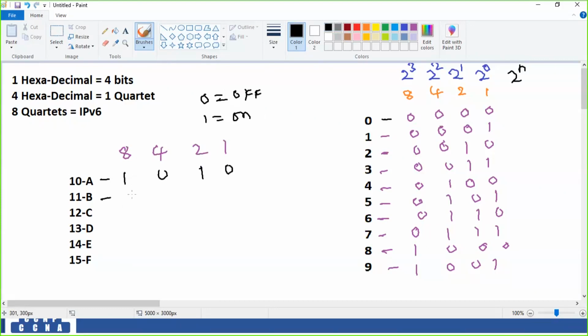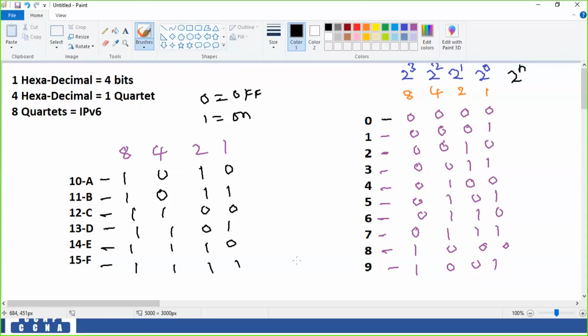B is 11, which is 1011. C is 12, which is 1100. What about 13? 1101. 14 is 1110. 15 is 1111.